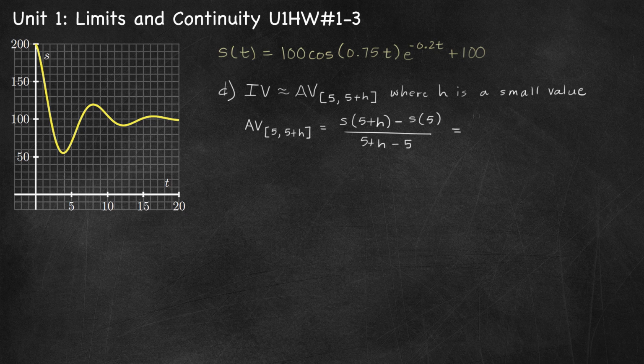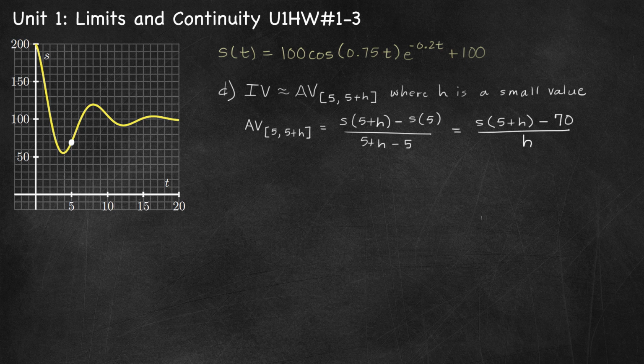And we can simplify that. S of 5 plus h minus s of 5. Now, s of 5, we can estimate from our graph. Looks like it's 70. So I'll go ahead and say 70 over, and then 5 plus h minus 5 is just h. So there's my equation for average velocity in terms of h.